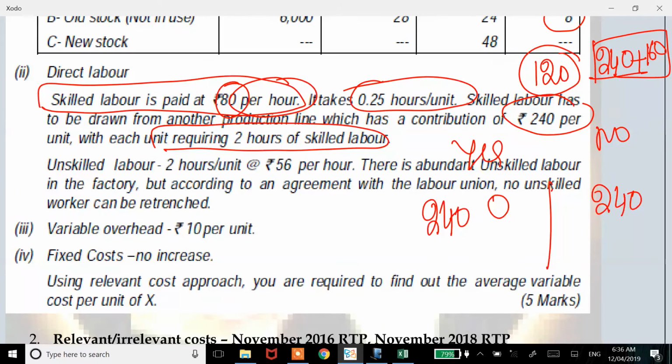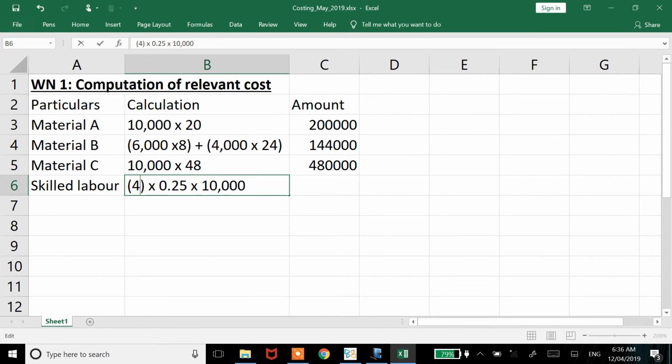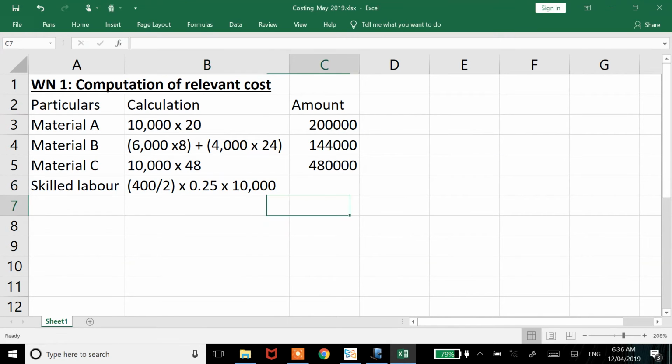So I add back that 160 and get to 400. My assumption is this labor cost has been deducted. If you take an alternate assumption that labor has not been deducted, then I could have continued it at 120 itself. So this number is going to be 400 by 2 into 0.25 into 10,000.